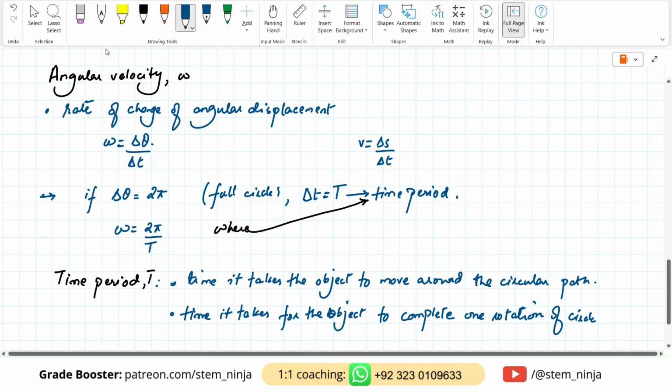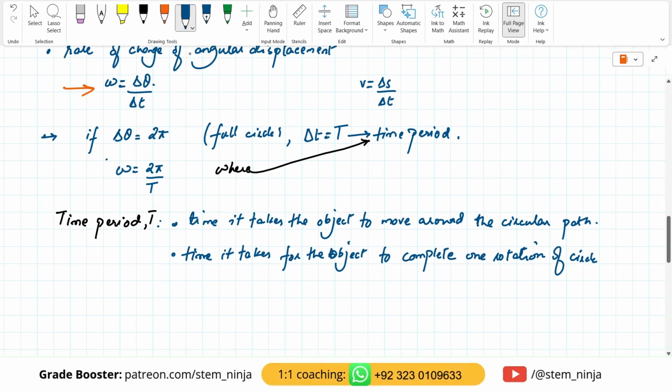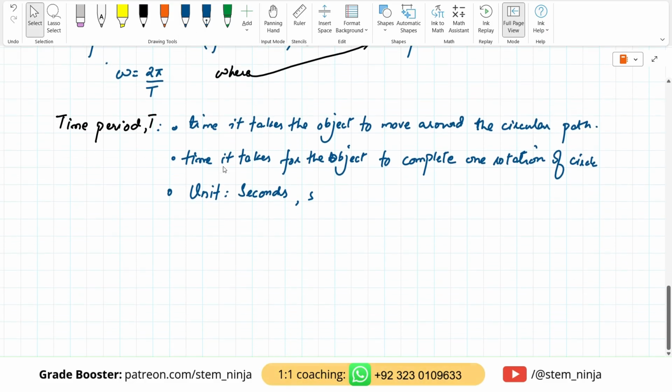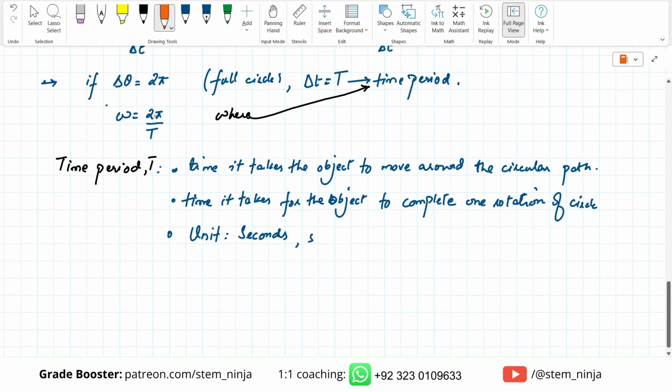In my opinion, the second one is better. Now, since this is time, the unit for time period would be seconds, or s.